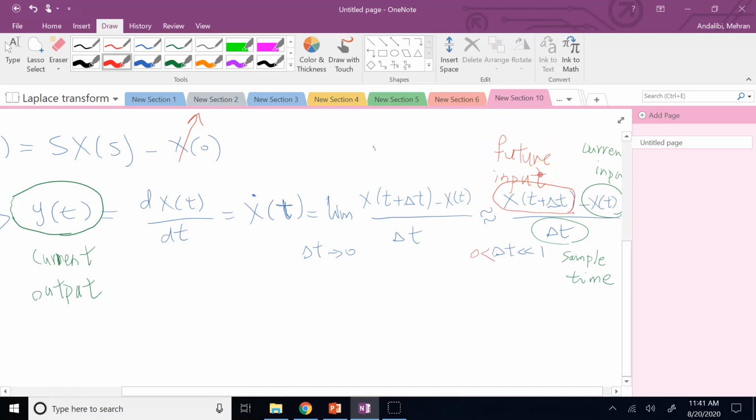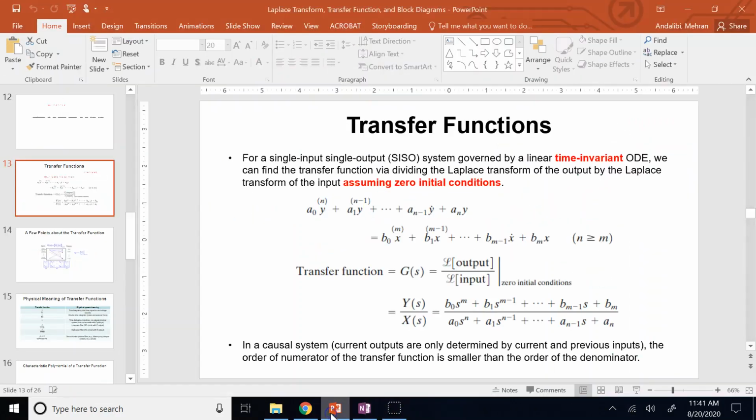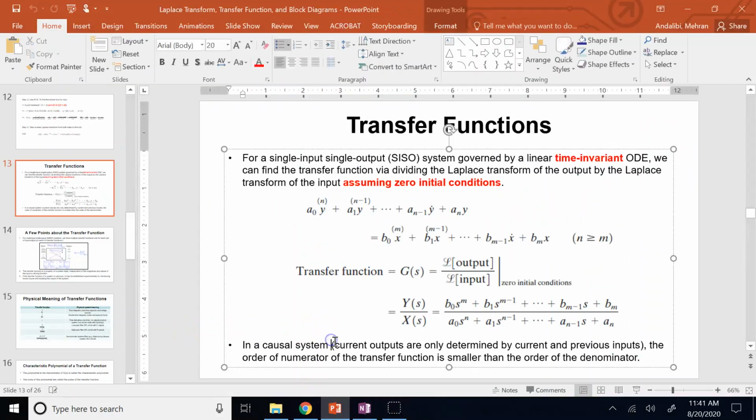While a causal system, the definition of a causal system is what? Current output is only determined by current input and previous inputs, not future inputs, right? Correct? If your system is waiting on the future to determine its current situation, that's not causal.